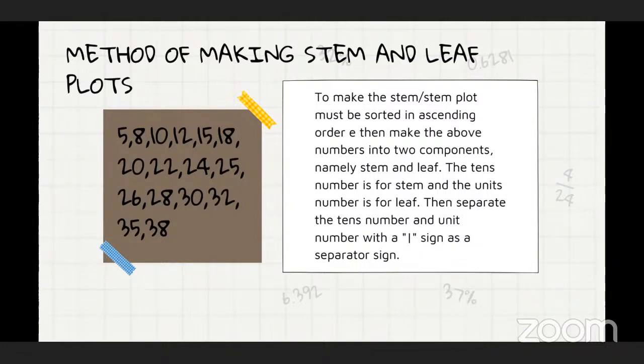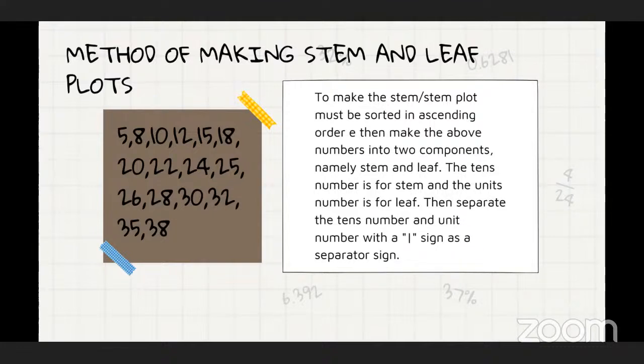To make the stem and leaf plot, the data must be sorted in ascending order and then the numbers are divided into components, namely stem and leaf. The tens digit is for the stem and the unit digit is for the leaf. Then we separate the tens digit and unit digit with a vertical line as a separator.